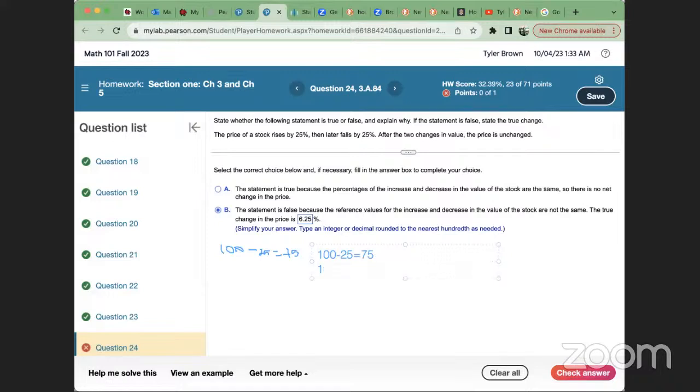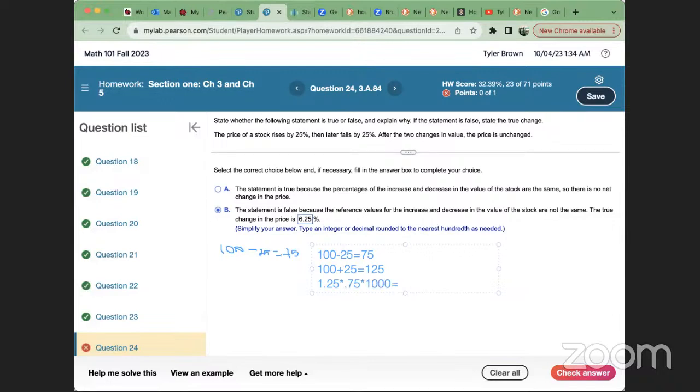And then 100 plus 25 equals 125. So it'll be 1.25 times 0.75 times 1,000. I'm just going to use 1,000.